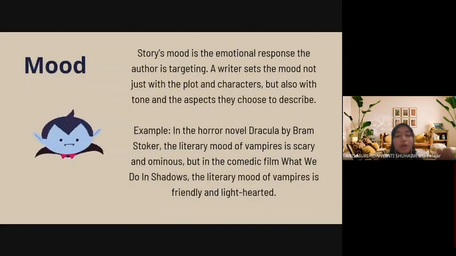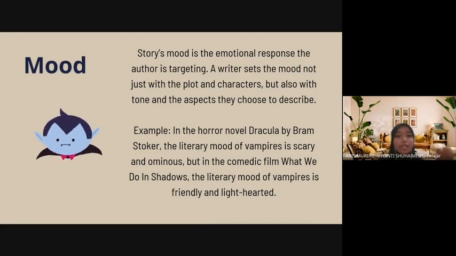Other than that, we also have mood. Story mood is the emotional response that the author is targeting. A writer sets the mood not just with the plot and characters, but also with the tone and aspects they choose to describe.